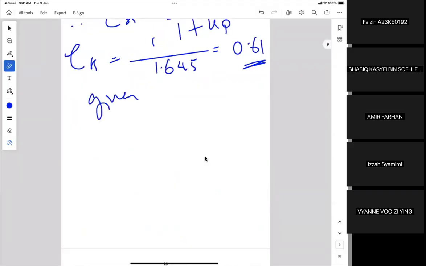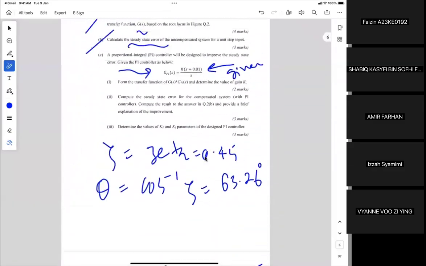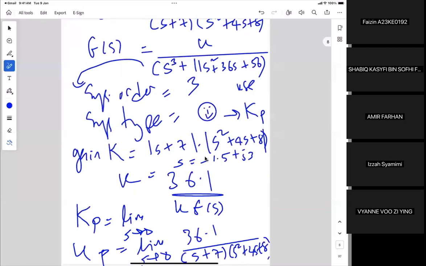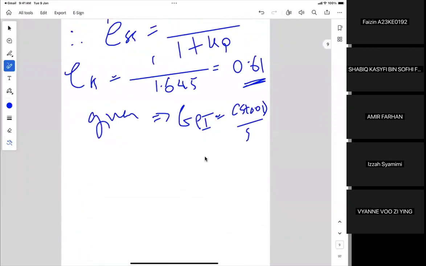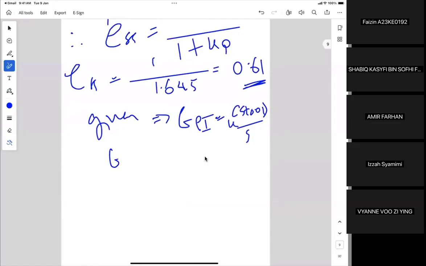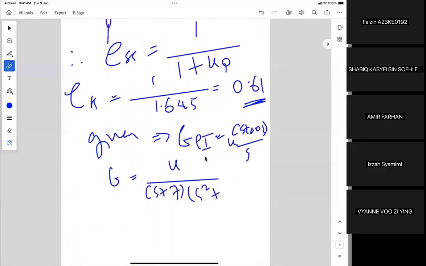Given GPI is s plus 0.01 over s, correct? G is equal to K over s plus 7, s square plus 4s plus 8.